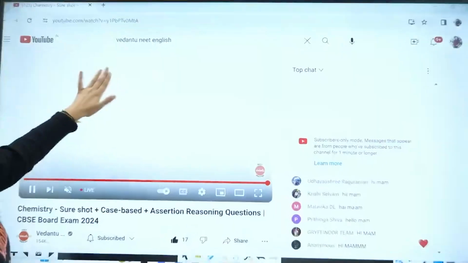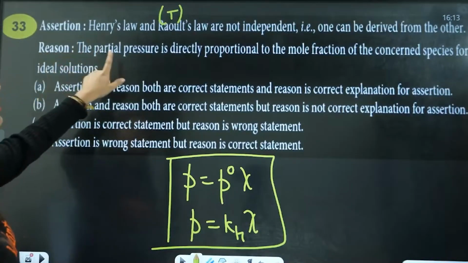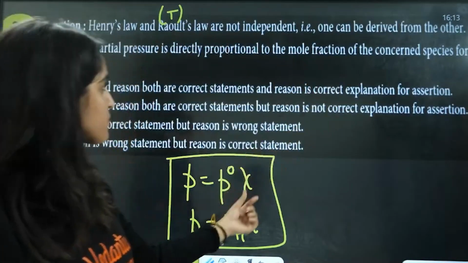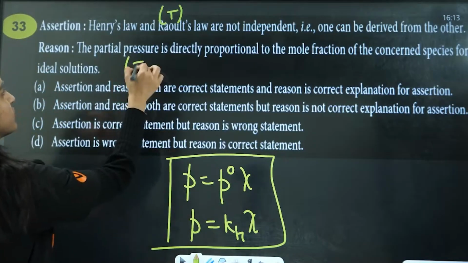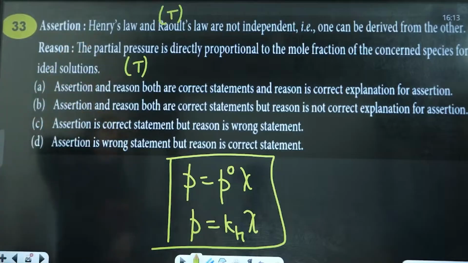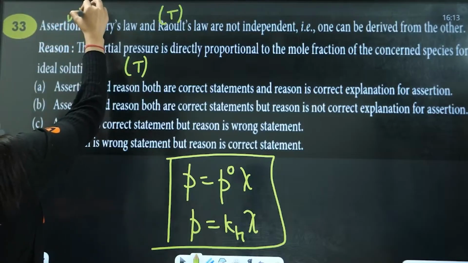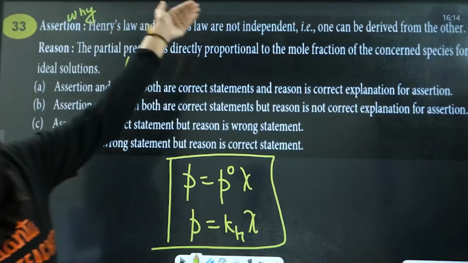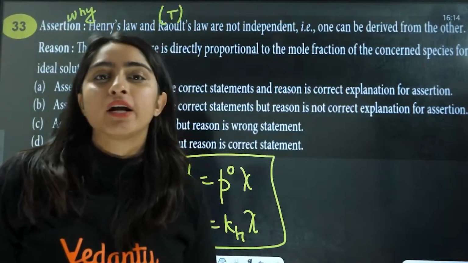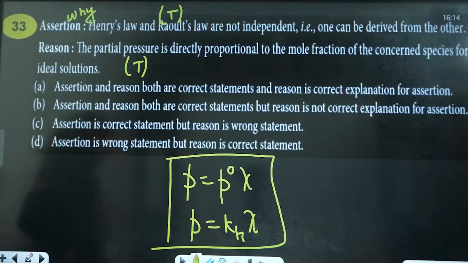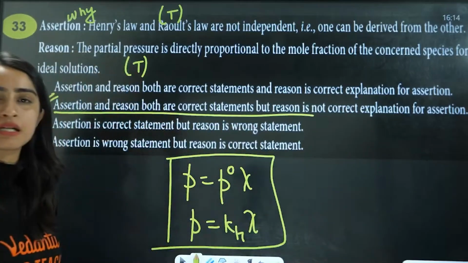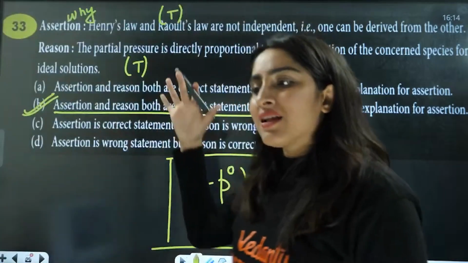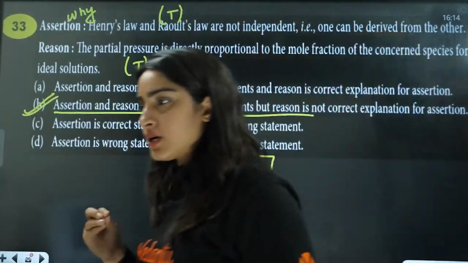That is also true. But is this giving the reason for why Henry's law and Raoult's law are dependent on each other? No. So the answer is going to be B. It is not giving the explanation.